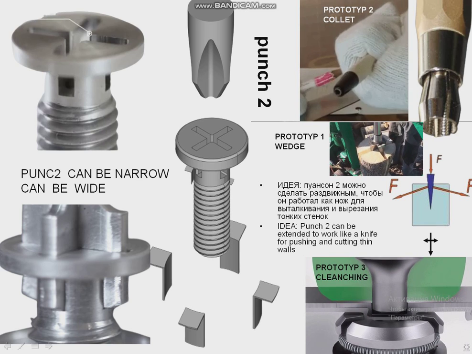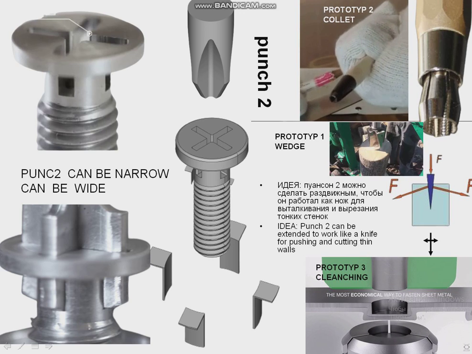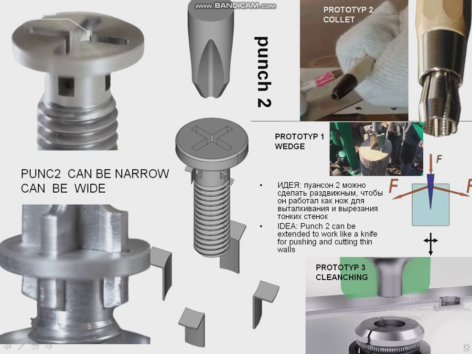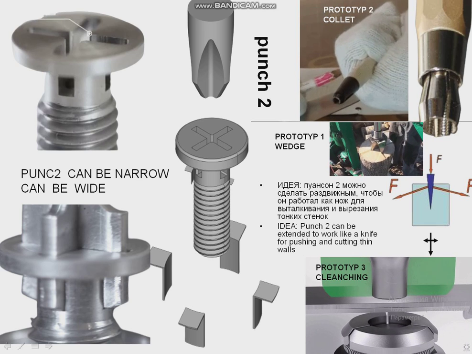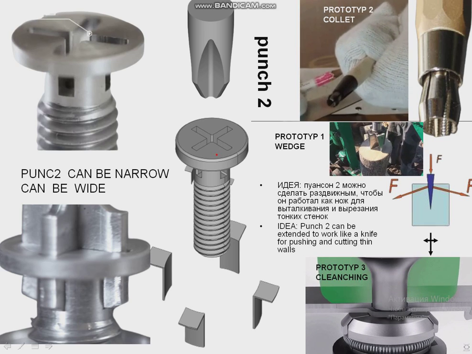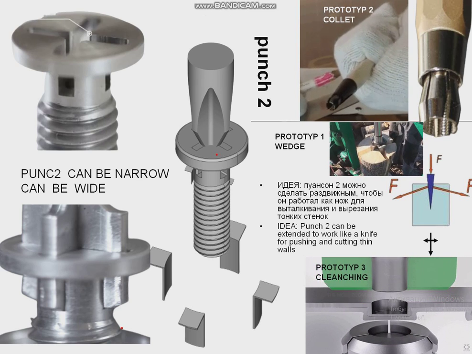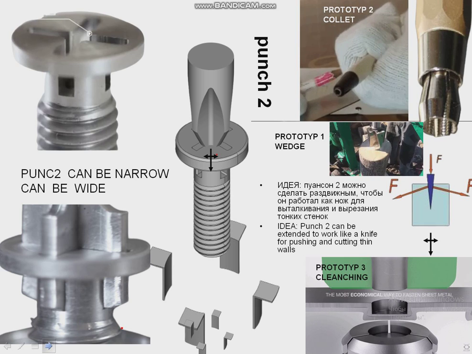We conclude punch 2 can be narrow, punch 2 can be wide. When we put it narrow, when we add a wedge, it will work as a knife more efficiently, and it will apply our approach. Looks like our main ideas, remove it.